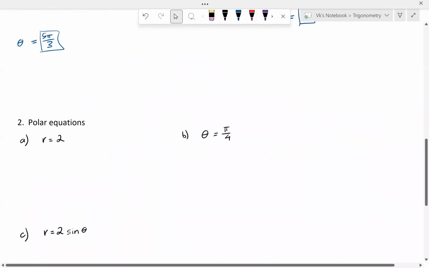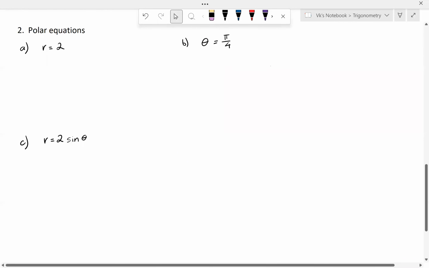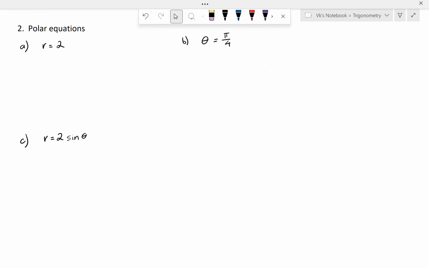Let's move to 2. Polar equations. It is very important that we know how to sketch these equations. A, r equals 2. So r is the radius, and it equals 2, meaning that for every angle theta, the radius is 2.